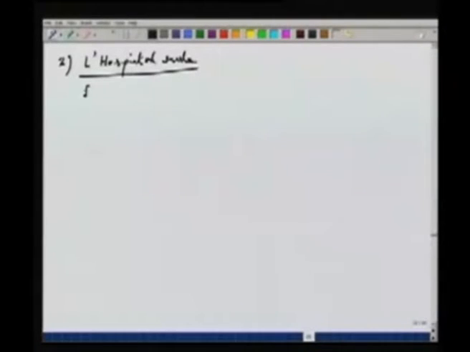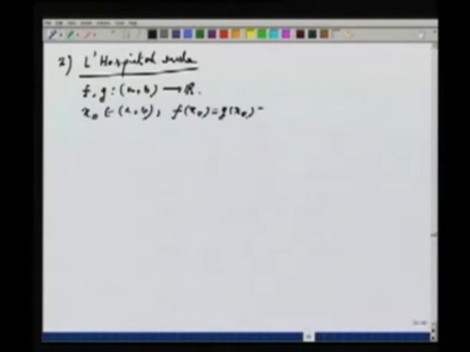Now the next application we are going to do is a famous technique of applying limits called the L'Hopital rule. The next application is the famous L'Hopital rule. So our situation is something like this: I have functions f, g defined on an open interval (a, b) to R. Let us say x naught is a point in (a, b) and f of x naught equals g of x naught, let us say equals 0.